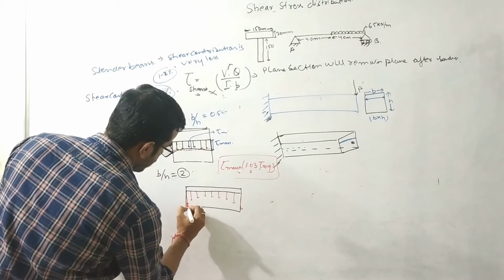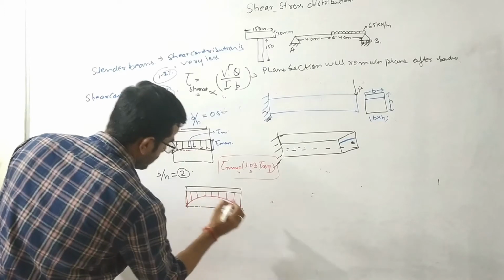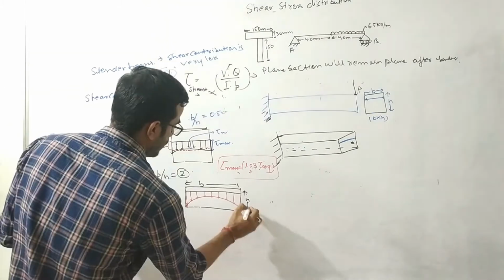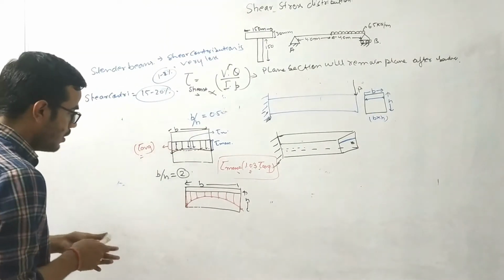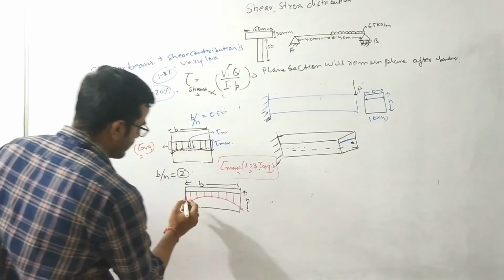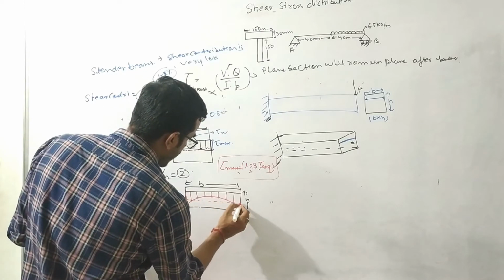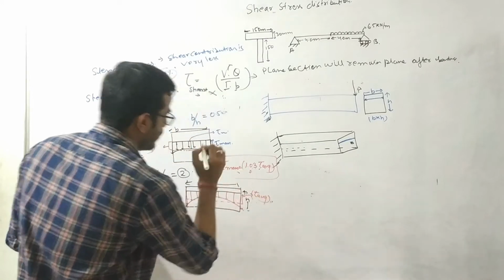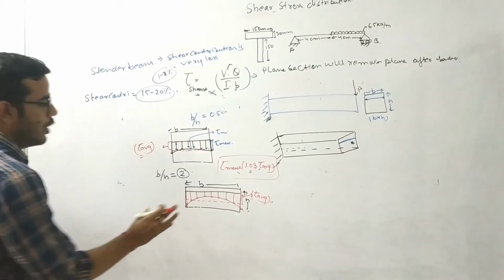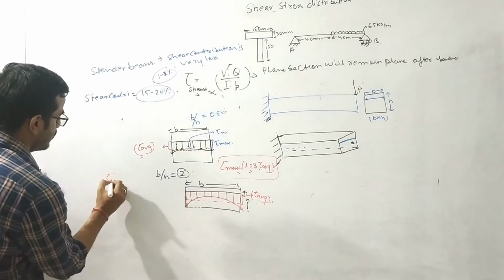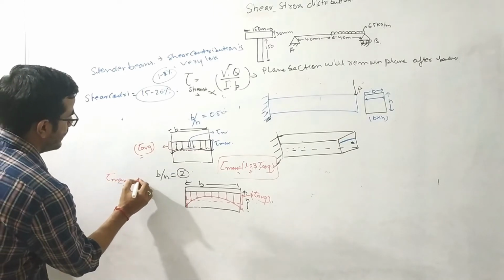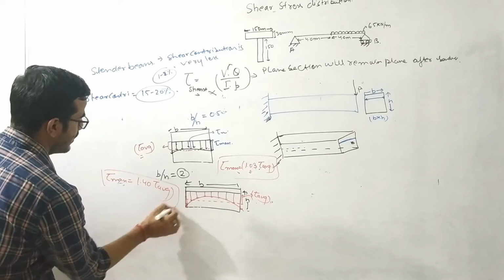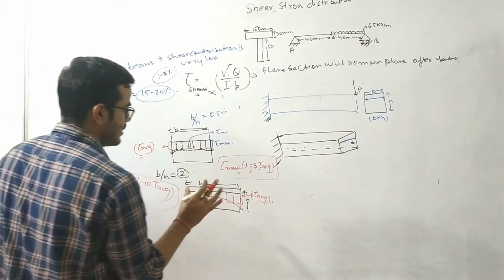This is my shear stress, and this is tau average. So you can see that tau max will be approximately equal to 1.4 times tau average. Again, this solution we got from the classical elastic theory.